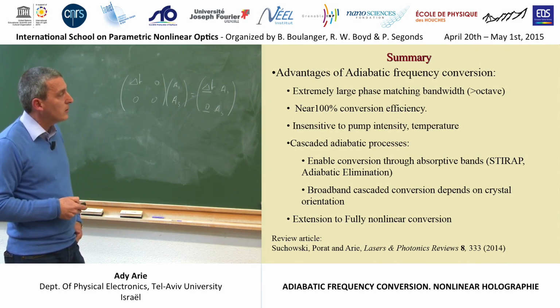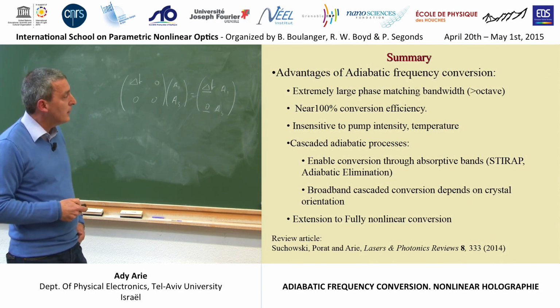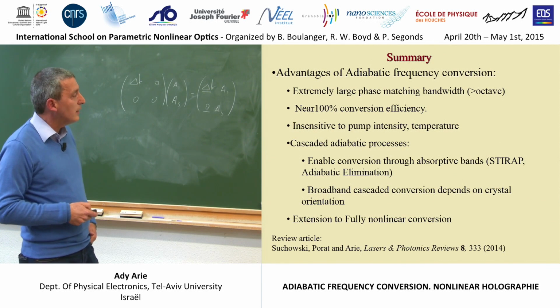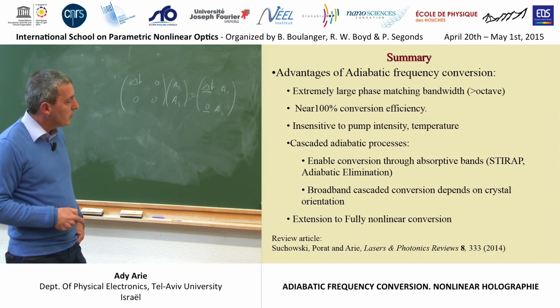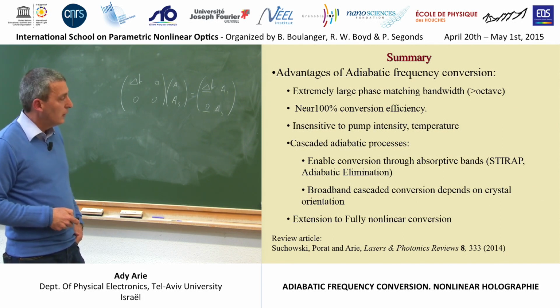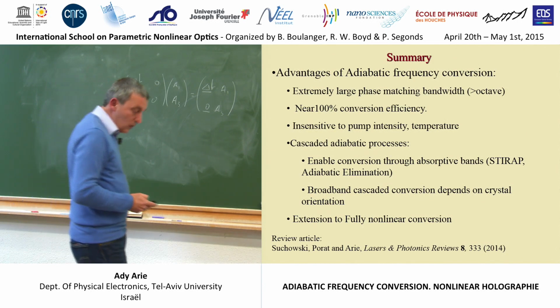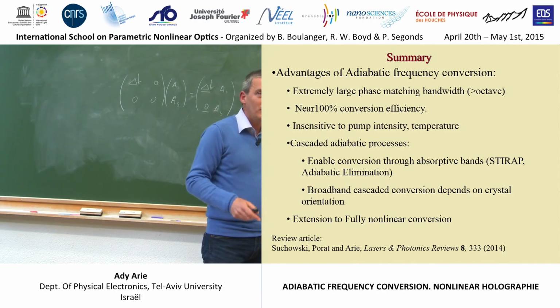This enables conversion to absorptive bands using concepts like STIRAP and adiabatic elimination. If you do broadband conversion, then the result depends on the crystal orientation. And this was also extended to fully nonlinear conversion. If you want to read more, there is a relatively recent review article that we wrote in LPR on this topic. Okay, so this is the end of the first part, and I will be happy to take questions at this point.